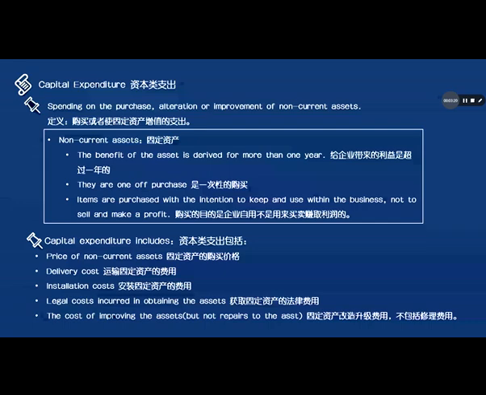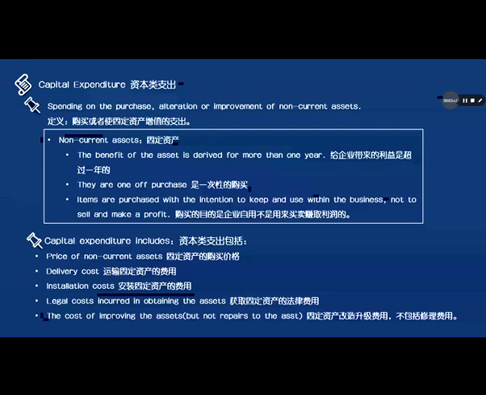And also, if we buy an office building or a factory, the title of the property needs to be changed, needs to be transferred. So we need a lawyer or a conveyancer to do it. So there are legal costs as well. The legal costs are also capital expenditures.